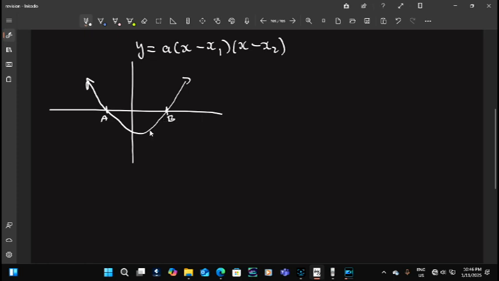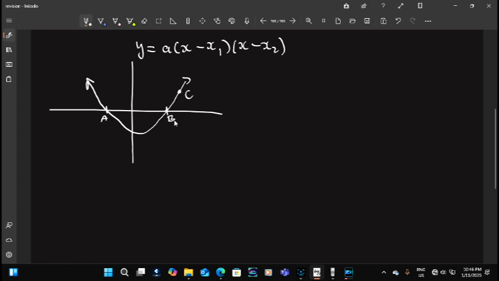So you will find that you have these intercepts and a point here. Let's say you have a point, maybe point C. So what you're going to do is that where there's x1, you're going to put the x value of a, and where there's x2, you're going to put the x value of b.